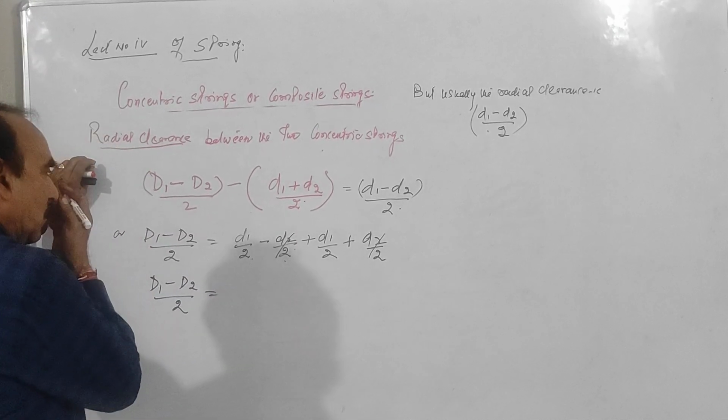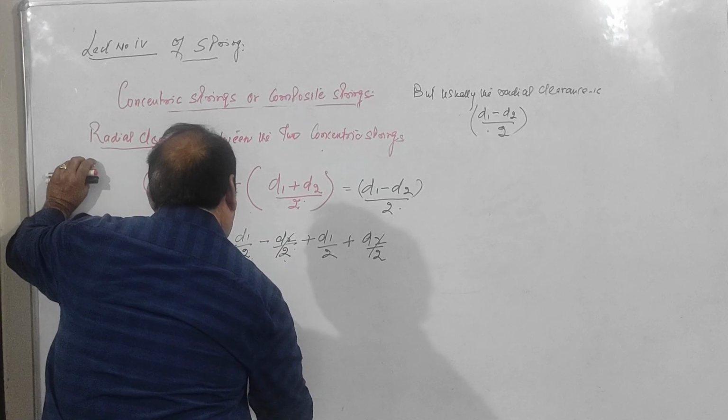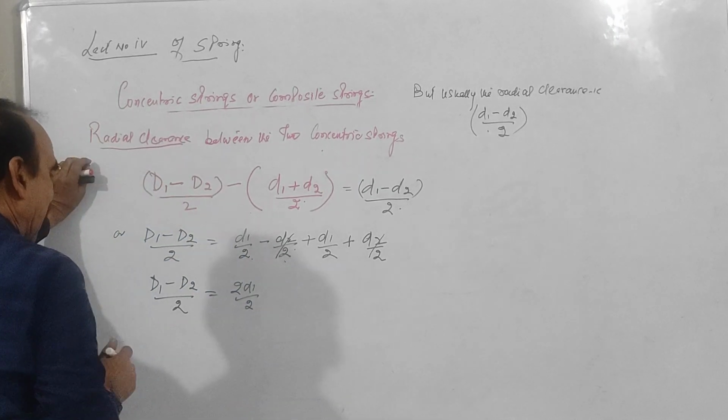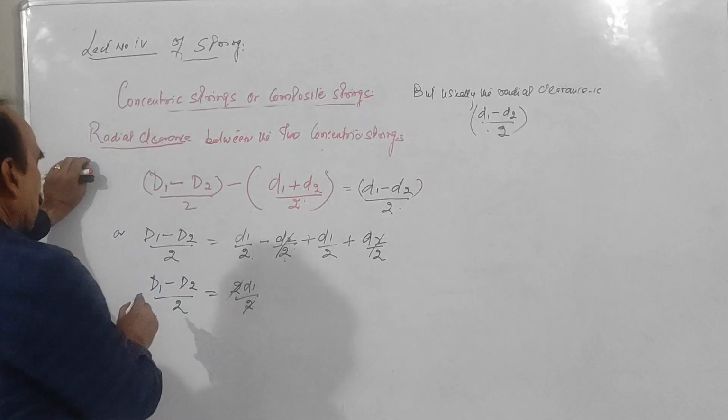This is equal to 2 d1 by 2, right? 2 और 2 ये कैंसिल हो गया इसमें. So d1 by 2.